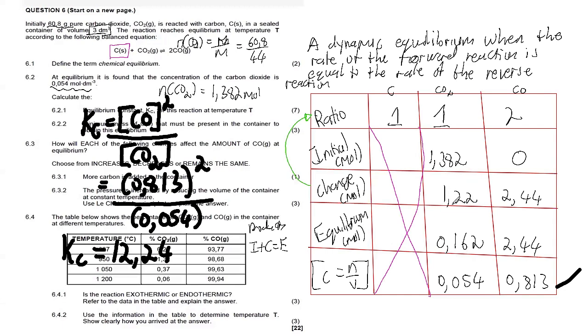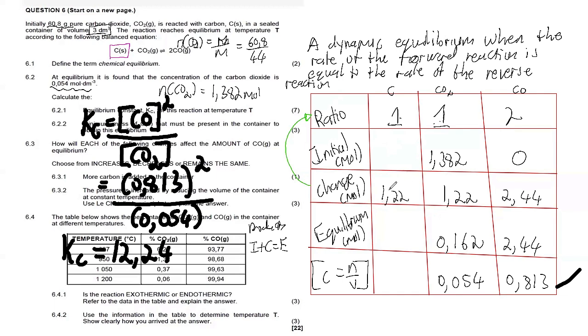So if we were to fill in this part that we did not fill in, in order to find the minimum number of moles of carbon that will react, obviously we have to check the ratios here. The ratio is 1:1. That means the number of moles of carbon that need to react in order for this reaction to reach equilibrium is only a minimum of 1.22, only what is enough for it to react with the carbon dioxide. So this is the number of moles that we are going to use.